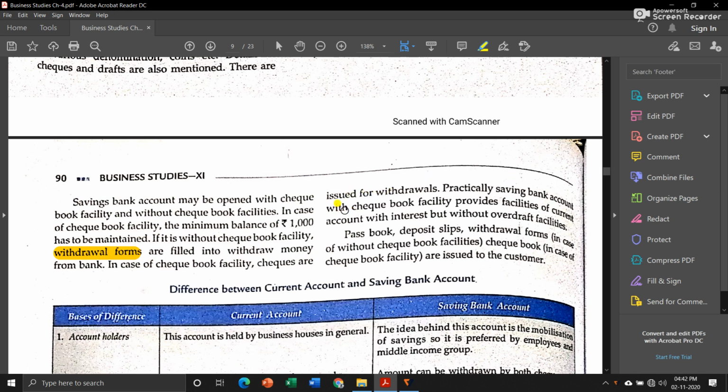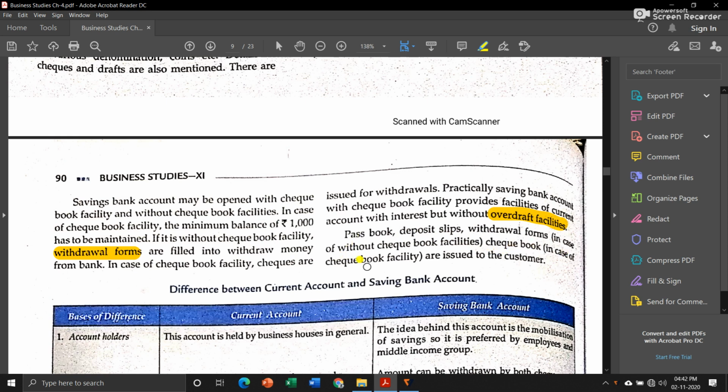Practically, a saving bank account with checkbook facility provides facilities of a current account with interest but without overdraft facilities. Now, indirectly, when we take a checkbook in a savings bank account, we can say that it is a current account but without overdraft facilities.